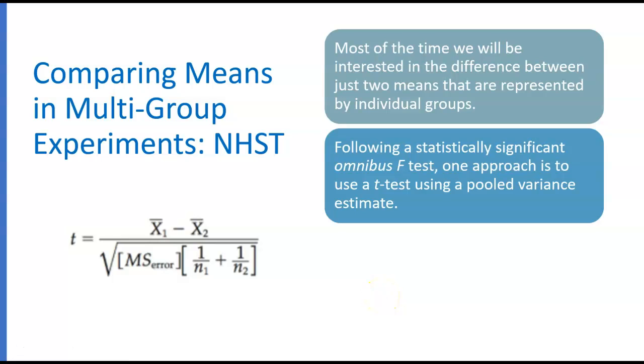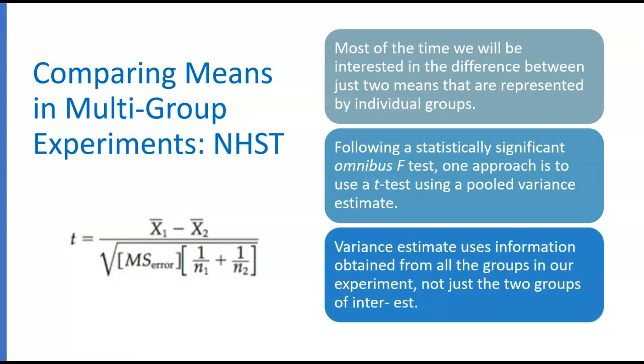Now in your output on SPSS, it's going to give you the t value and the significance value for your paired comparison. When you make that selection of a Tukey post hoc, that's essentially what you're getting. The variance estimate in the formula uses information from all of the groups in your experiment.